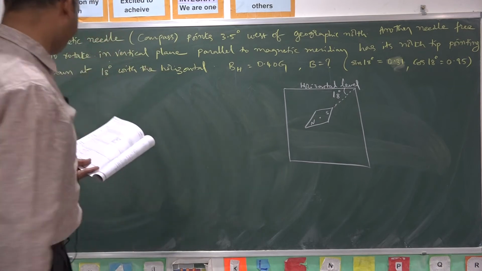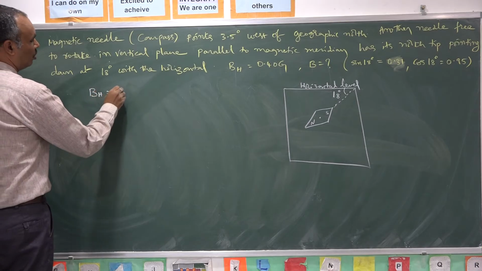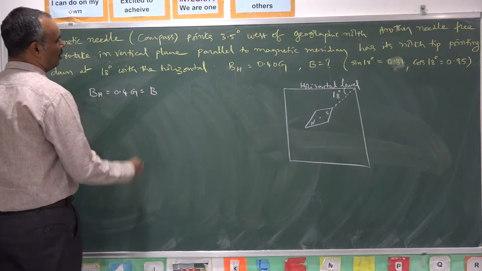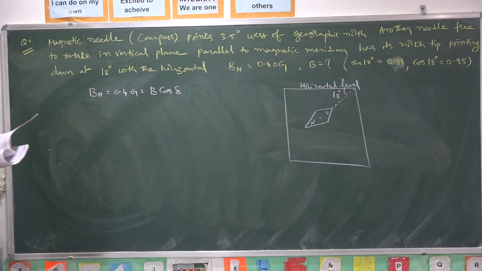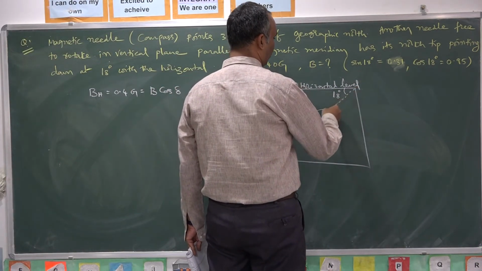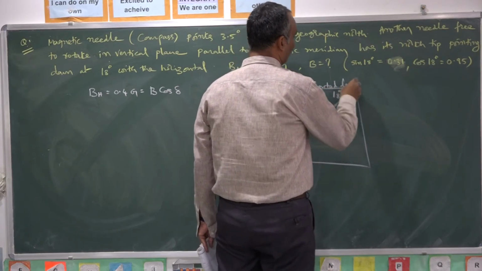As per the question, the horizontal component of Earth's magnetic field they gave as 0.4 Gauss. That is nothing but B cos delta. They gave the B cos delta value. Here, this is the magnetic meridian, and this is the geographic meridian, and we consider the angle between these two.